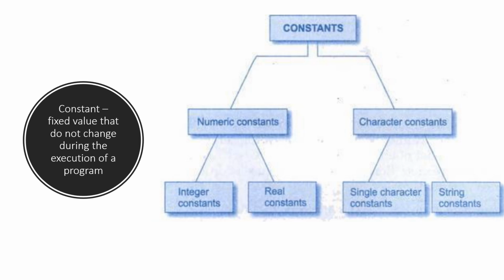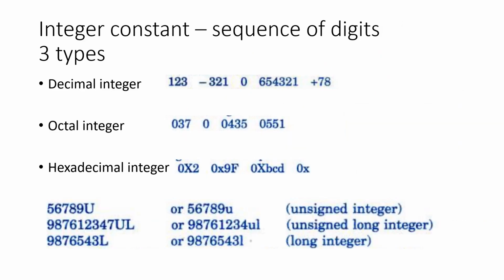There are different types of constants like numeric constant, character constant, integer constant, real constant, single character constant, and string constant. Examples are given one by one. When we look into the integer constant, again we have three types related to the mathematical format: decimal, octal, and hexadecimal.